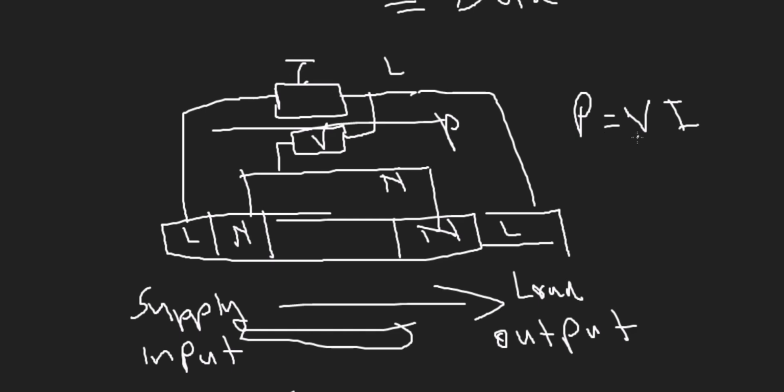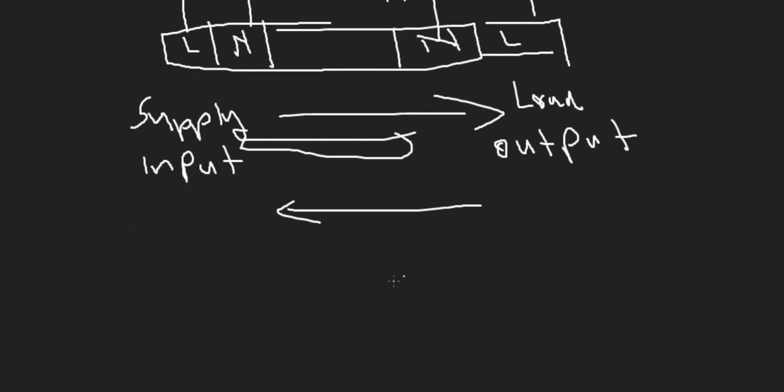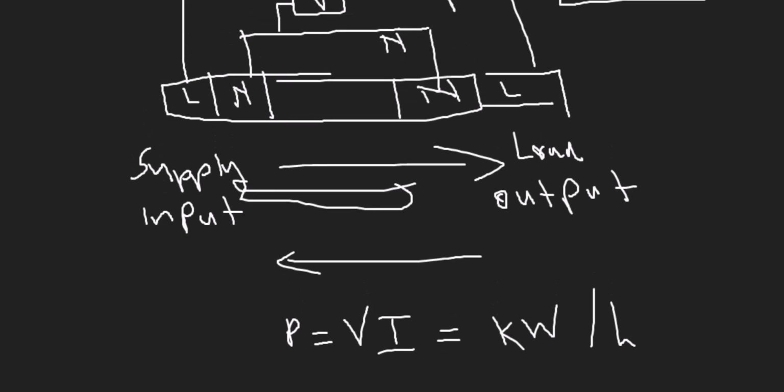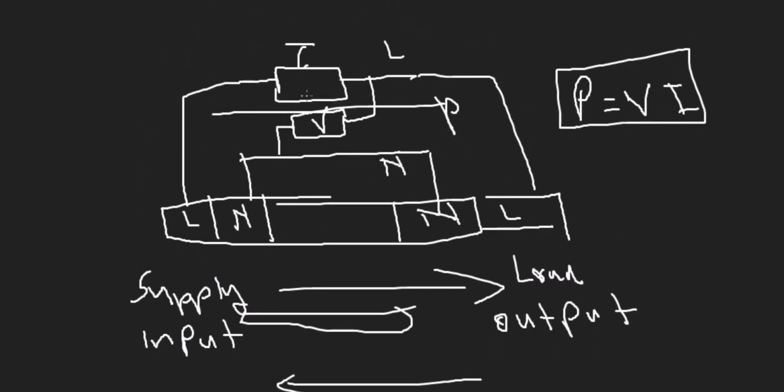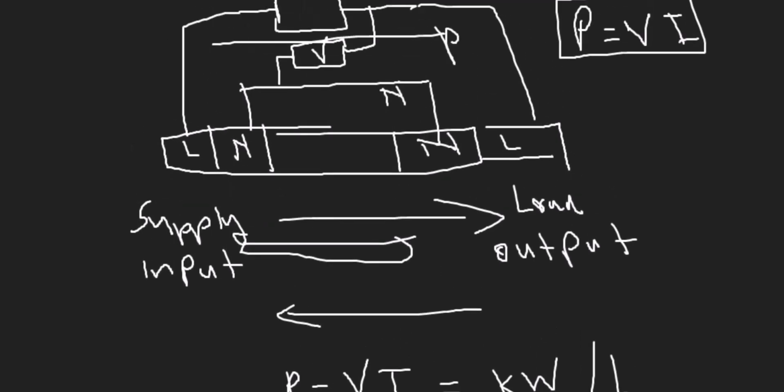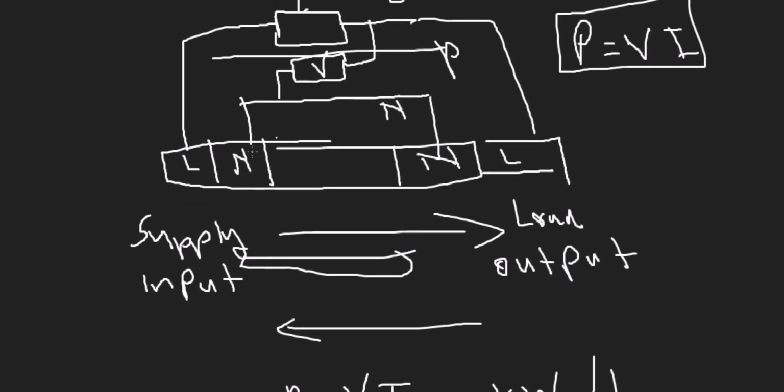So this is the product of voltage and current, in kilowatts, and the time that is taken. Because of the combination of current and voltage, that's why we use a voltage coil and current coil to determine the energy meter.